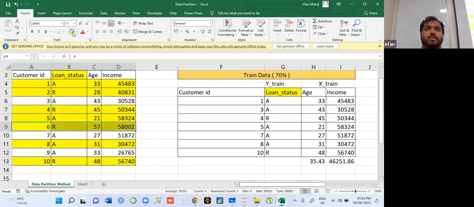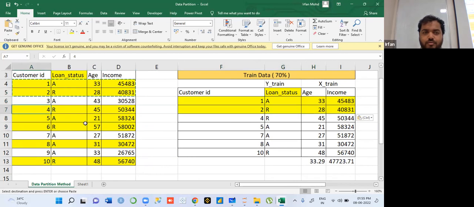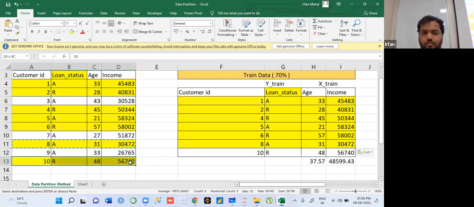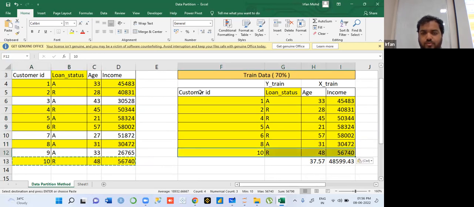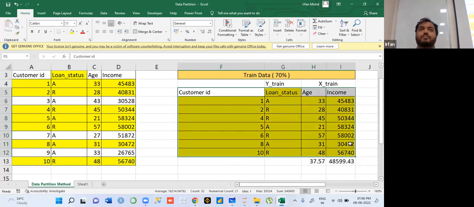Clear, guys? These are the number of rows picked up by Vallabh. I'm writing this separately. Clear? Online students, any question?